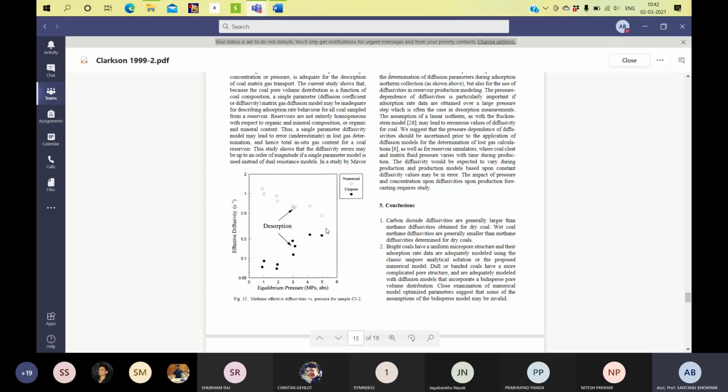Okay, so there lies some confusion also, because it is very complex with the macropore and micropore conditions. But still these fundamental pore models, unipore and bidisperse pore models, are used everywhere for a fast approximation of the diffusion value, so that you can calculate the absorption rate, how quickly the gases are absorbed. Okay, this is the gist of this paper.